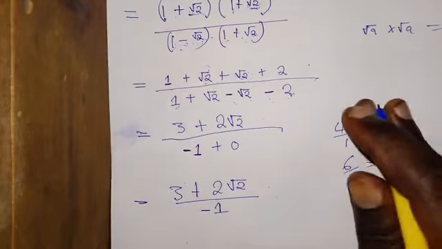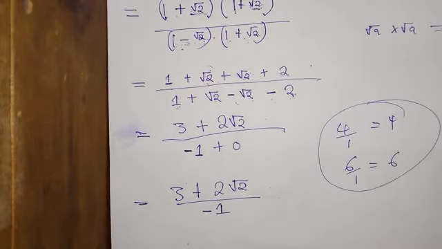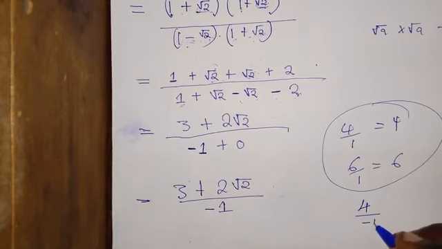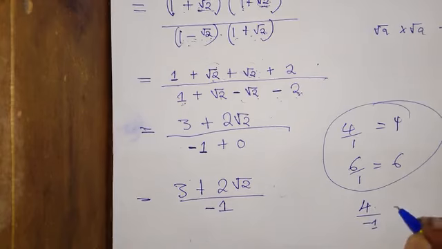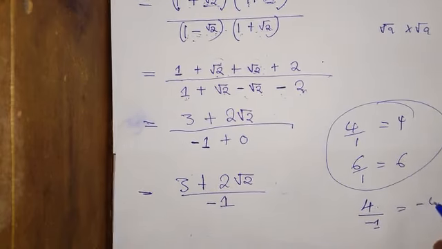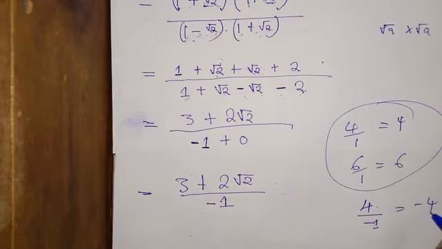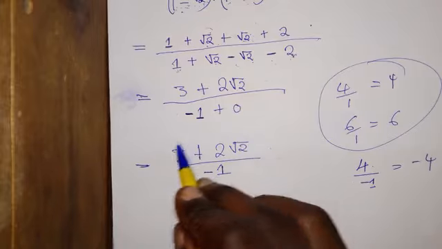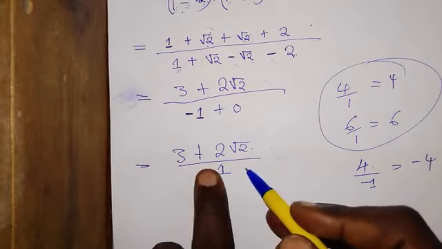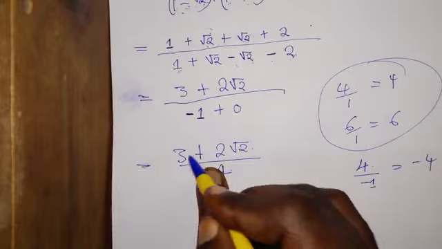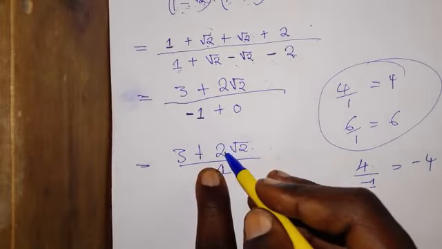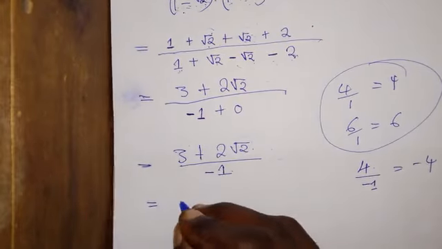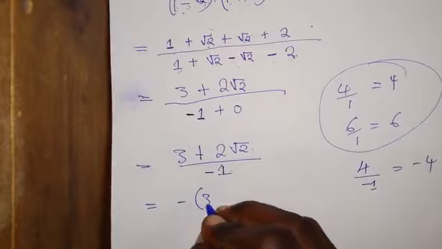But it is different in a case whereby you have 4 over negative 1. It is not 4, but it is what? Negative 4. Hope you are able to get the point. So this is what is happening here. If it was positive 1, this divided by 1, the answer could have just been the numerator. But because of the negative 1, the answer is going to be the negative of the numerator.